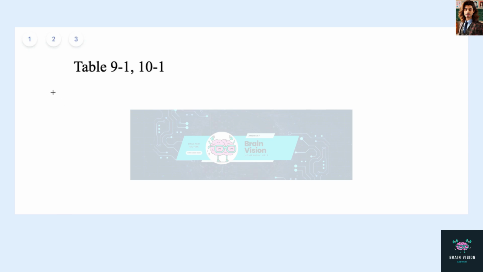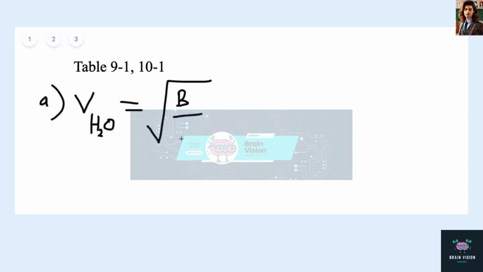Let's start with water because that's part A of the problem. For water, subscripted with H2O, the chemical symbol of water, the speed of longitudinal waves is equal to the square root of bulk modulus B over density rho.